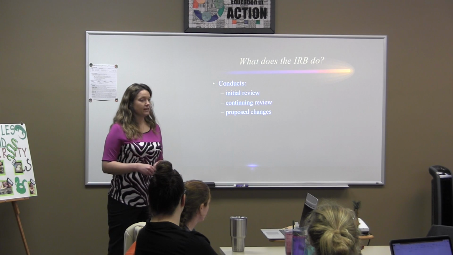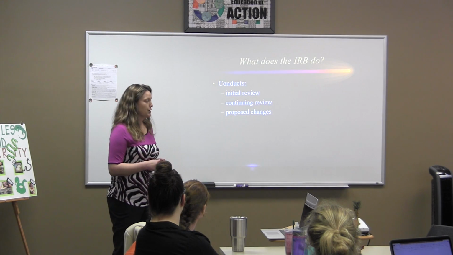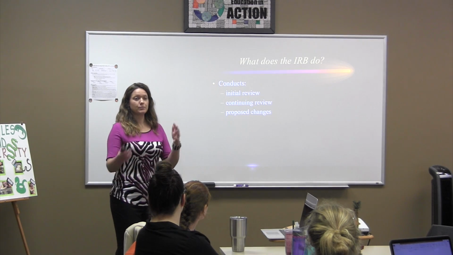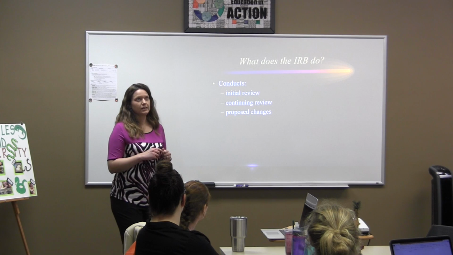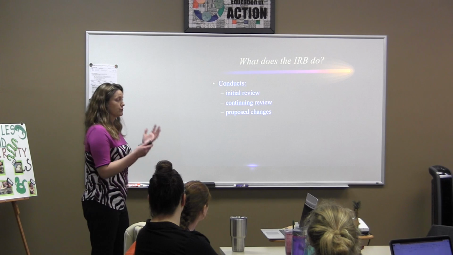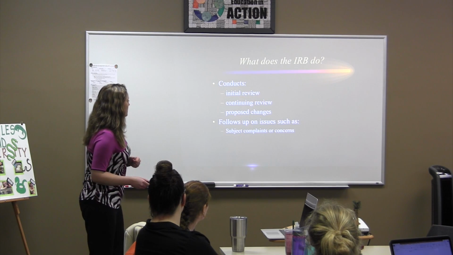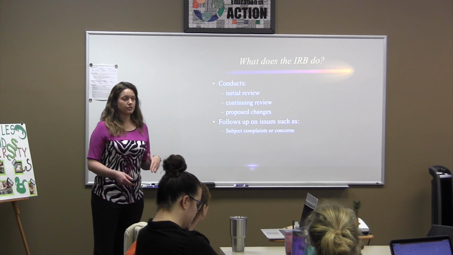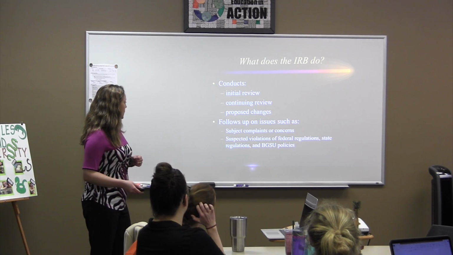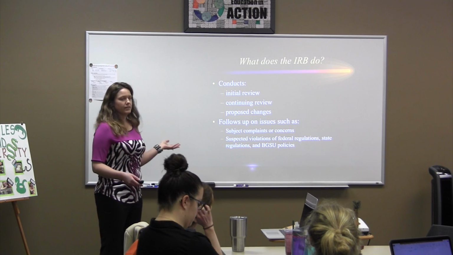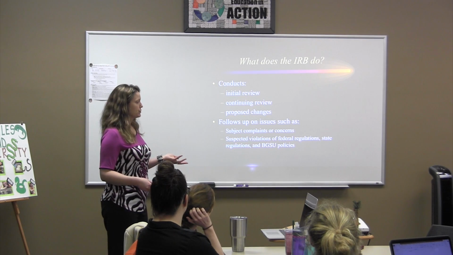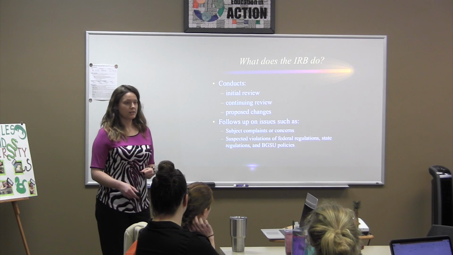If a researcher wants to make any changes to an approved project, changing information in the consent document, adding members to their research team, changing questions in a survey, it all has to be approved before the researcher can do that. And then if there's any complaints or concerns from research participants, the IRB will follow up on that. Or if there's suspected violations of the regulations, such as protocol non-compliance, not following your approved protocol, the IRB will follow up on that as well.